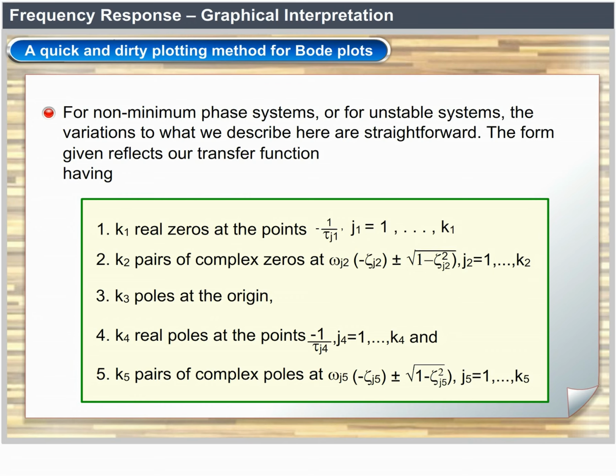Number 3, K3 poles at the origin. Number 4, K4 real poles at the points −1/T_j4, j4 = 1, etc., K4. And number 5, K5 pairs of complex poles at ω_j5 times (−ζ_j5 ± square root of 1 − ζ_j5²), j5 = 1, etc., K5.